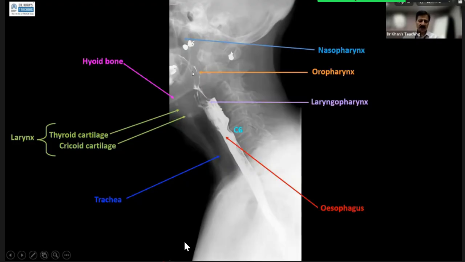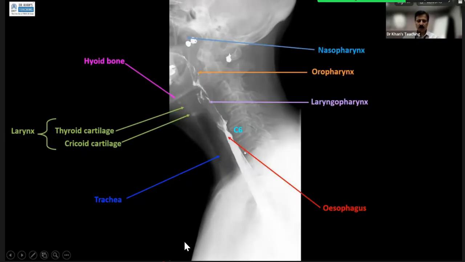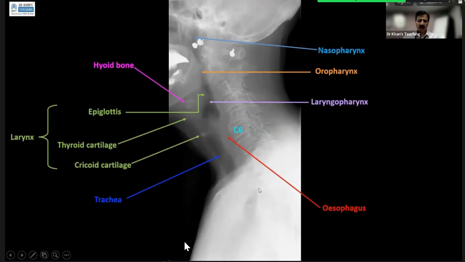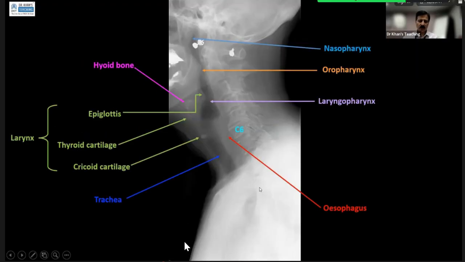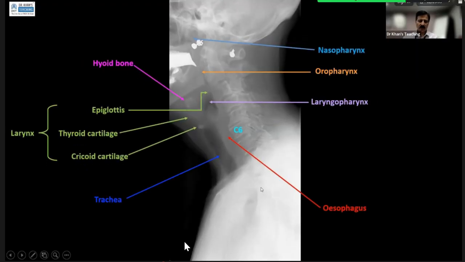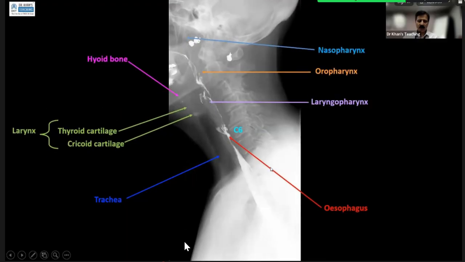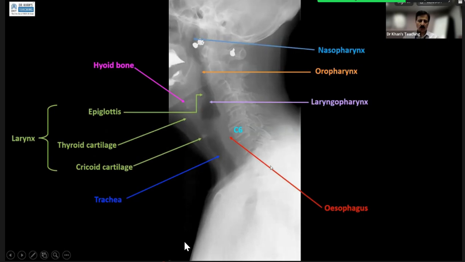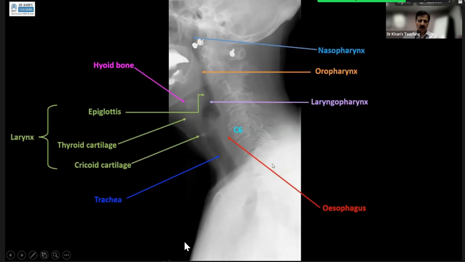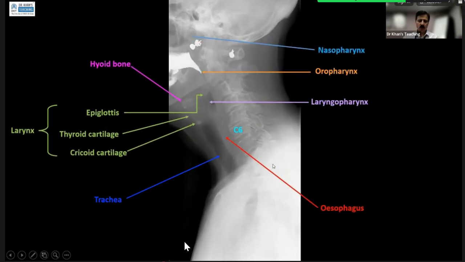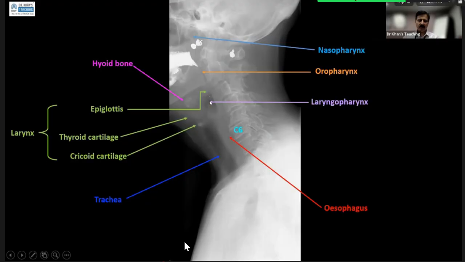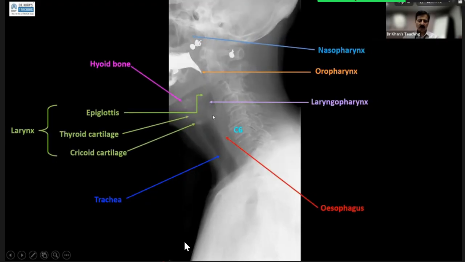You see, this is completely obliterated, and then the bolus goes down. So let's see it in fast motion. Here you are. Do you see? Complete obliteration, everything, and then it goes down. So this is how we swallow. So epiglottis is the lid of the larynx.